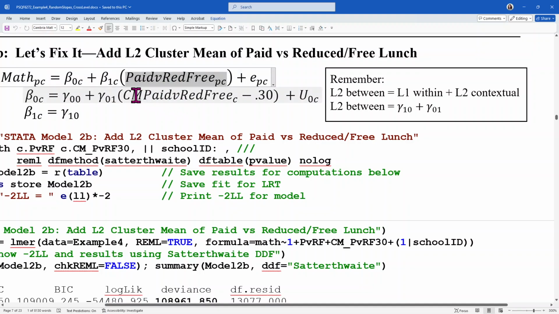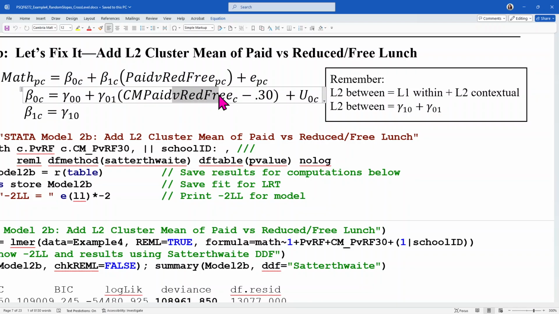We would subtract this variable right here from here, and then there's only within variance here, there's only between variance here, and it would change to within between as opposed to within contextual. In the fixed effects, they are isomorphic. You can get back and forth with no problem. Not true in the random effects, though.